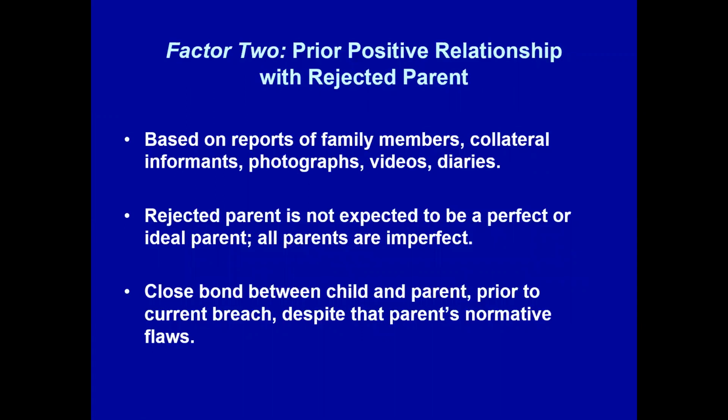So this is factor 2: in the past, the rejected parent had a good relationship with the child. And how do you know that? Well, sometimes there are photographs, family members can say that.